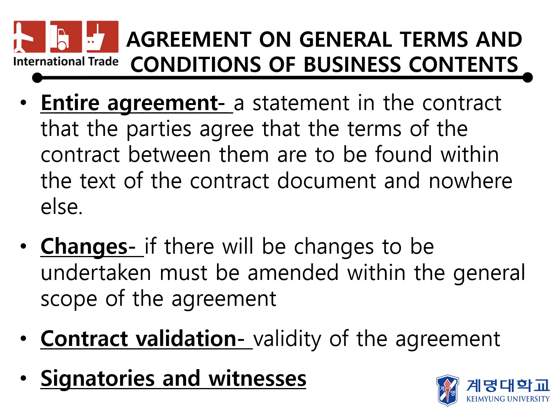Next we have the changes. If there will be some changes to be undertaken in the contract, normally they don't change the whole contract. They submit another contract and we call it an amendment. Or in organizations they call it a board resolution.